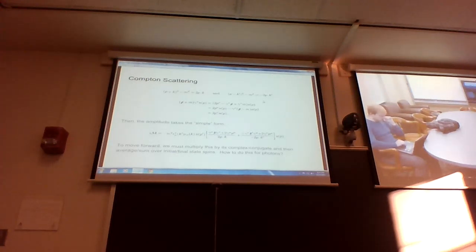And so what we need to do is work out how to do this for photons. Okay, we know how to do it for fermions, right? We have these spin sums, the U bar U, and when you sum over them, they give you a P slash plus M or something like that. So we want kind of an analogous relation for the photon, right? How do we sum over the polarization vectors?